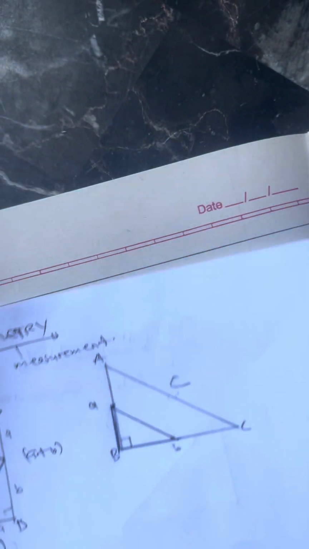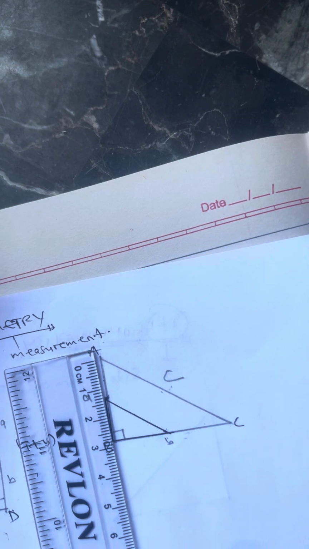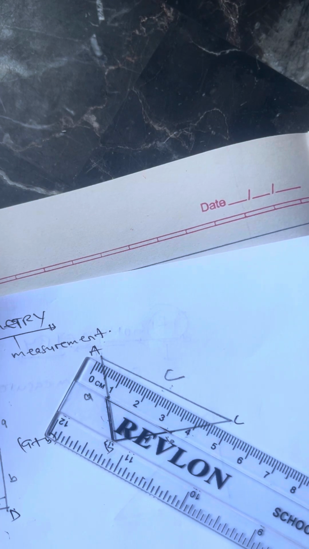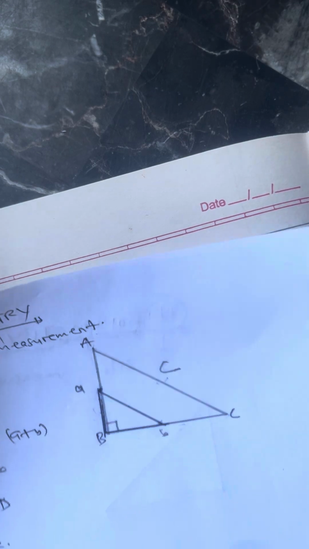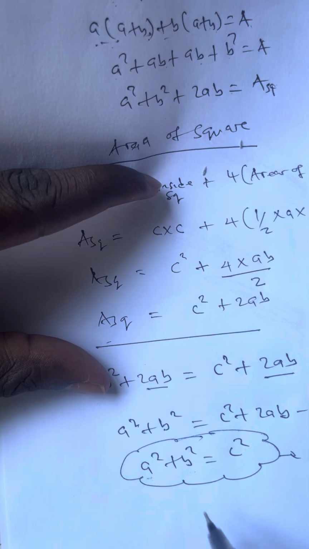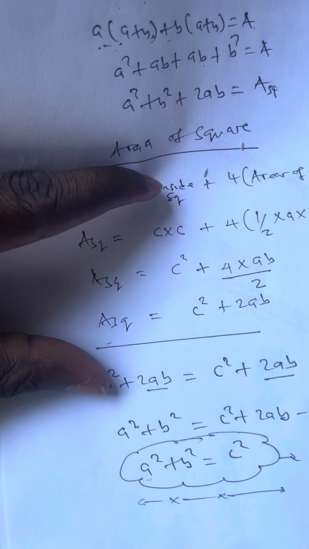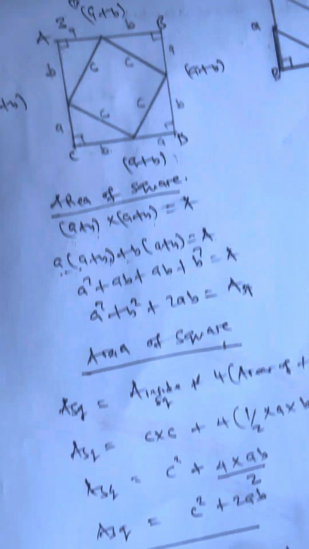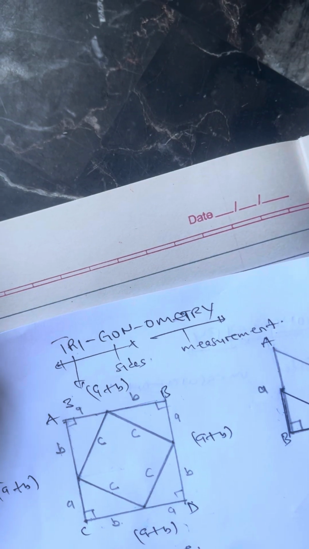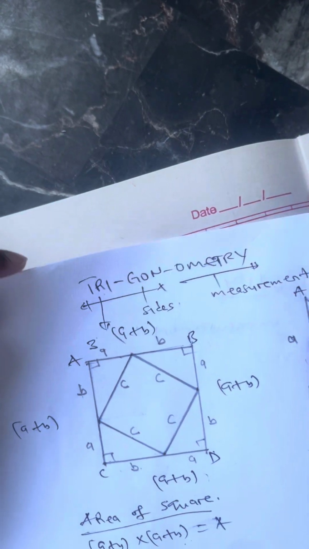Just plug in the lengths and find the length of the remaining side. But what we were doing before was drawing the length of the given sides using a ruler and pencil, and finding the length of the remaining side by joining the ends of the two given lengths. But in the mathematical equation, we can just plug in the values. So this is one of the very interesting relationships between the lengths of the sides of a right-angled triangle. If you are curious to know how the lengths of a right-angled triangle relate, this is how they relate.